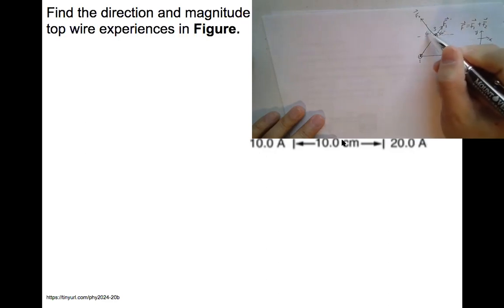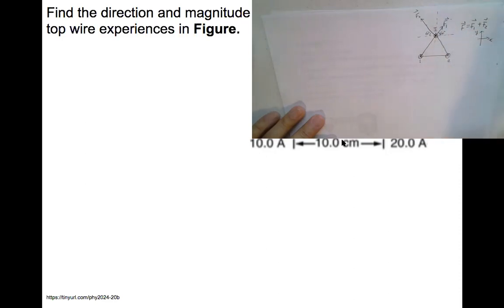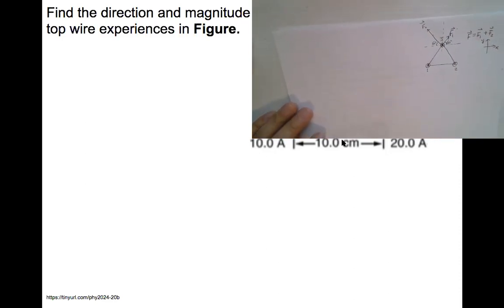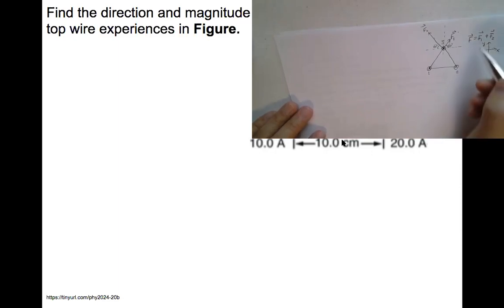This angle should also be 60 degrees. So then we are going to do these 2 vector additions. We are going to need to find the x component and y component. And because we know these 2 angles, the directional angles, we also need to know their magnitudes.